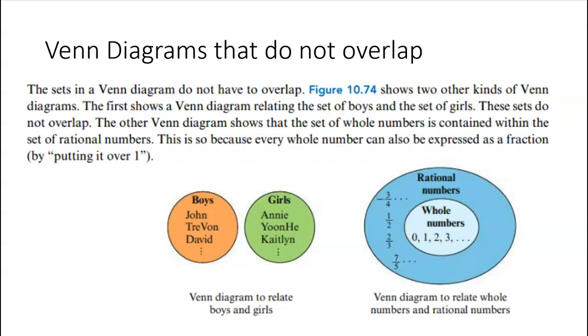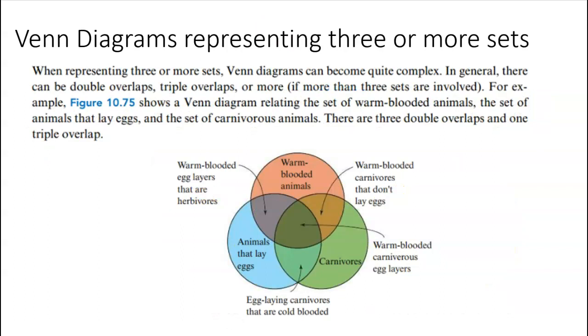Children who identify as boys and children who identify as girls, those are separate if we're just talking about that. Or they can nest into each other. All whole numbers are rational numbers, so they nest inside. Those can be a little tricky, and we're going to do a little bit more. We can also complicate it even more by having 3 or more sets, and that's what we're going to look at. Lots of different overlapping things that are separate.